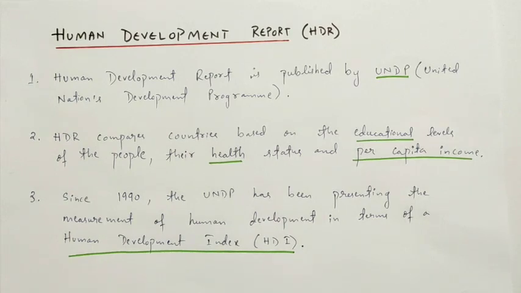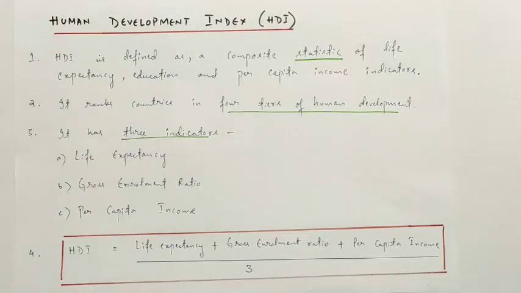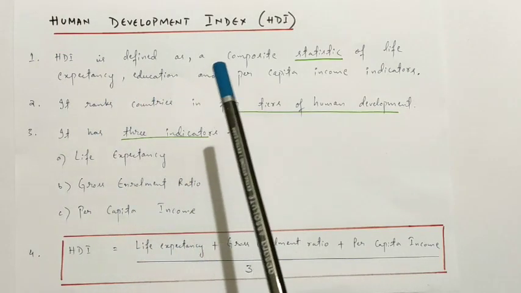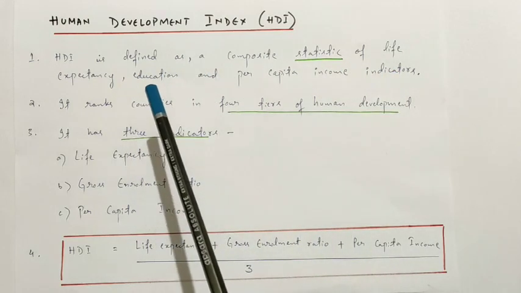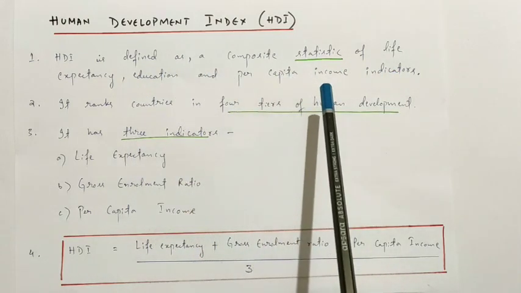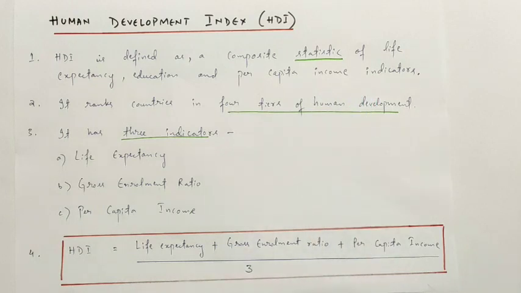What is HDI? HDI is defined as a composite statistic of life expectancy, education, and per capita income indicators. It is a statistical tool used to measure a country's overall achievement.